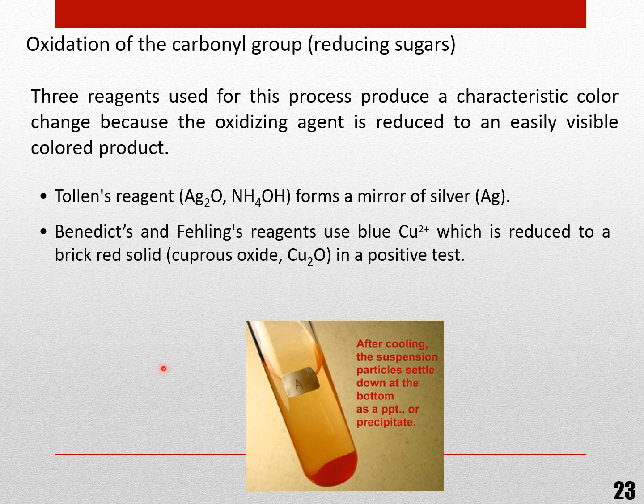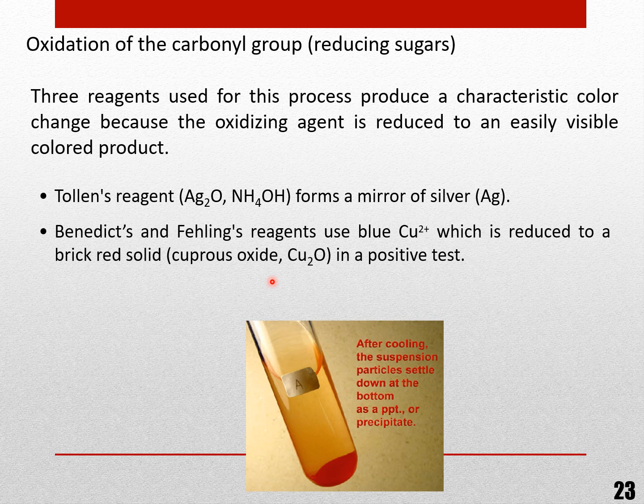If the glucose has the carbonyl group, therefore it is a reducing sugar. And when exposed to agents or reagents such as Tollens reagent, Benedict and Fehling reagents, it will cause reduction of these reagents, and therefore there will be a change in color.